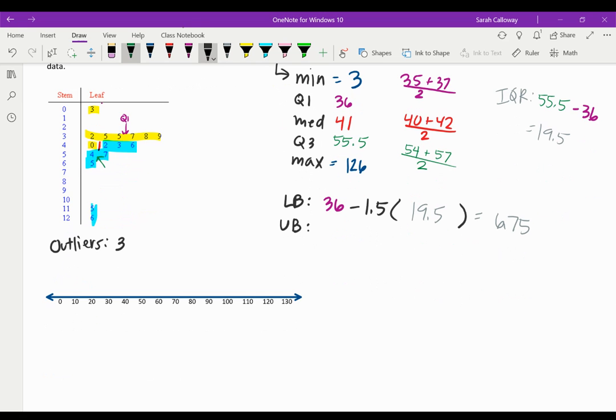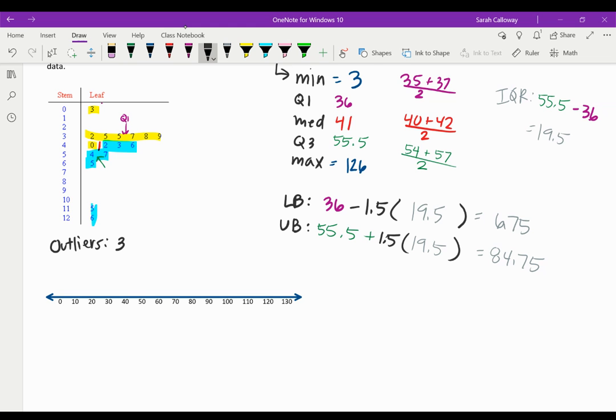For my upper boundary, I'm going to take the 55.5 and this time add 1.5 times the IQR of 19.5. So I'm going to take 19.5 times 1.5 and add that to 55.5, which gives me an upper bound of 84.75. So any numbers larger than 84.75 are outliers.